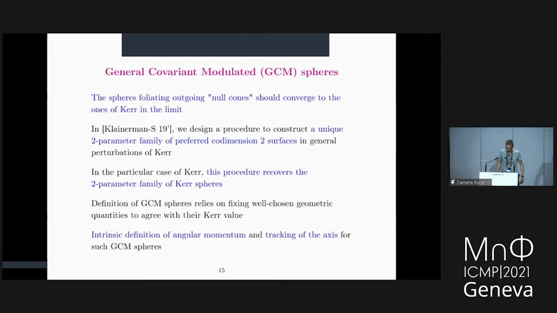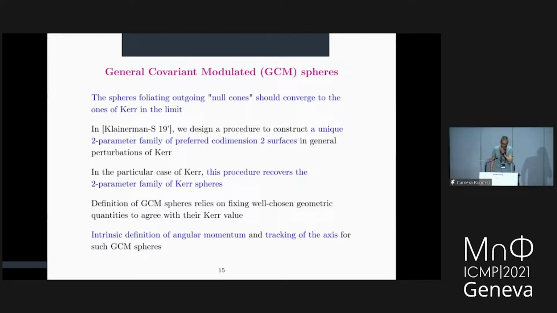And here, of course, I'm thinking of these special spheres. So it turns out that on these special spheres, I can define an intrinsic definition of angular momentum. And furthermore, that's another aspect I did not mention so far, but in fact, the kernel due to angular momentum is not one-dimensional. It's actually three-dimensional. This was mentioned also in the talk of Peter.